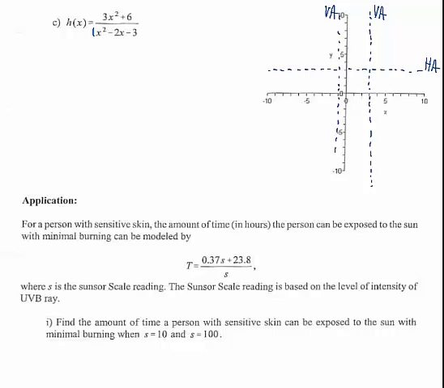The domain would just be all real numbers, skipping these two that we found for the vertical asymptotes. Negative infinity up to -1, skip -1, and then pick it back up with 3 on out to positive infinity. So there's our domain.